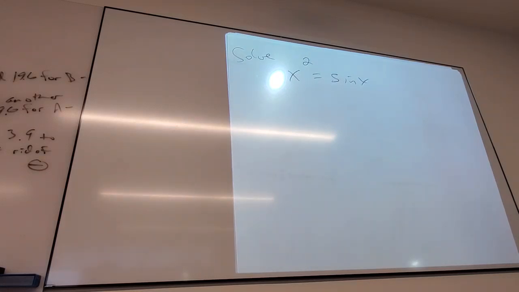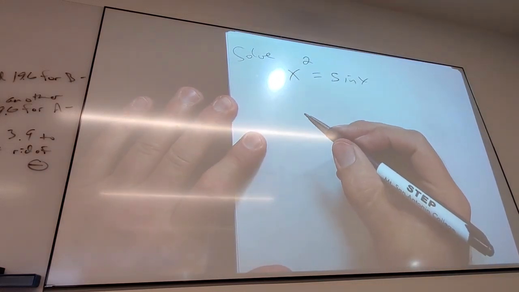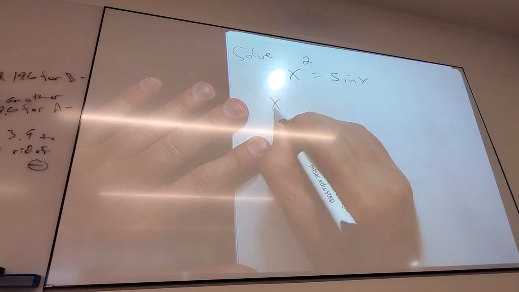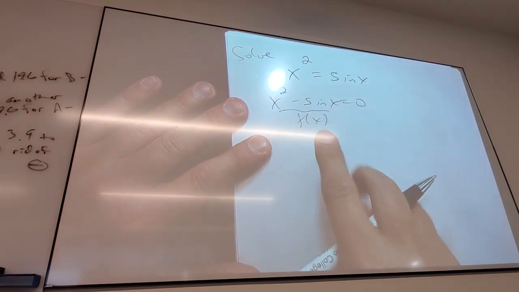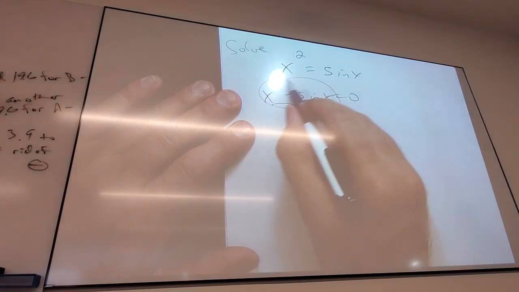Not yet. Nope. I subtract sine x. Now it becomes a question about where this guy's x-intercept is, right? So this is the function that I'm using.